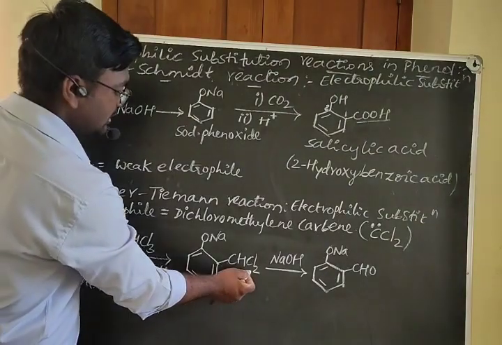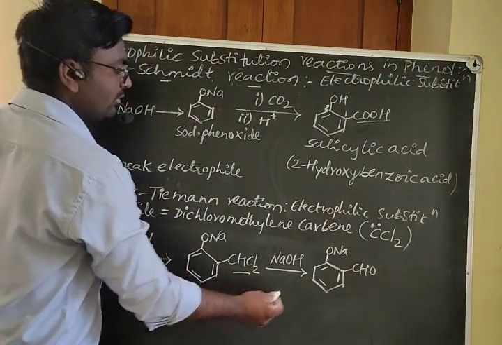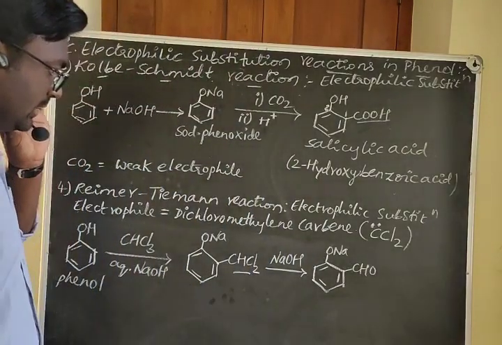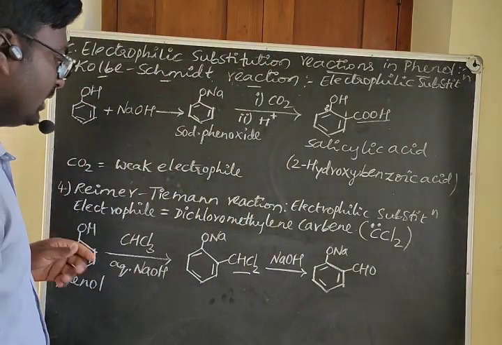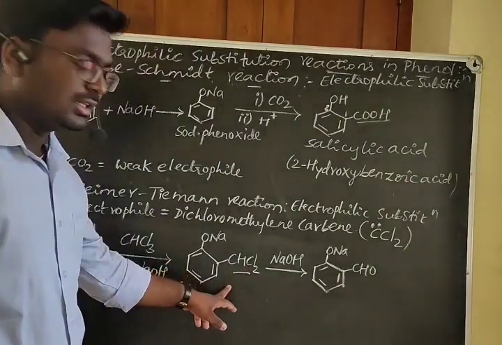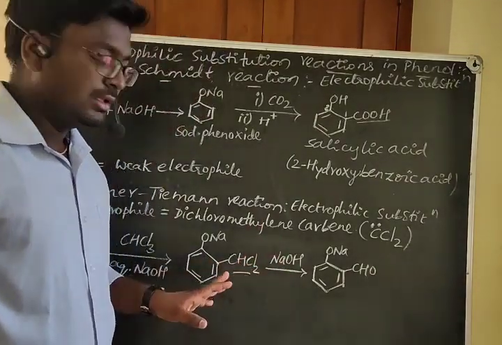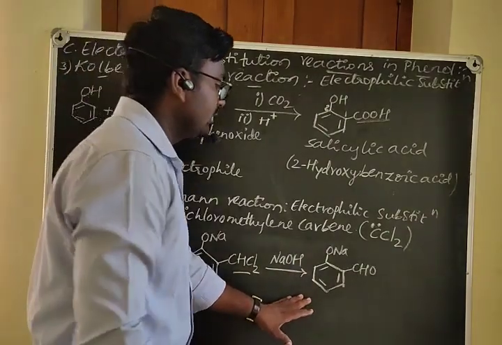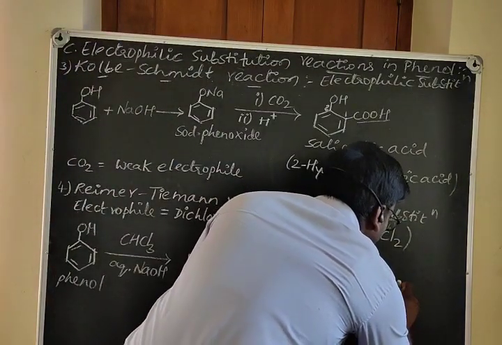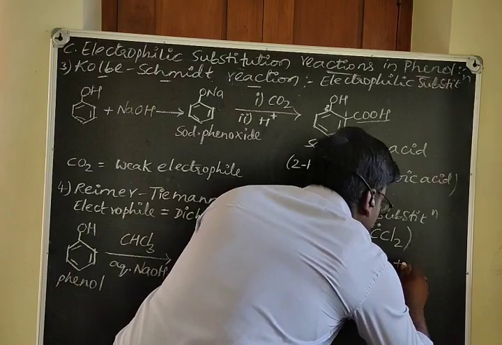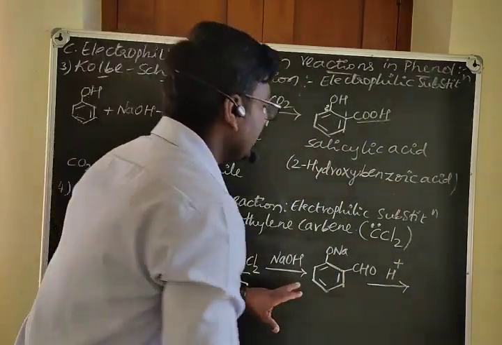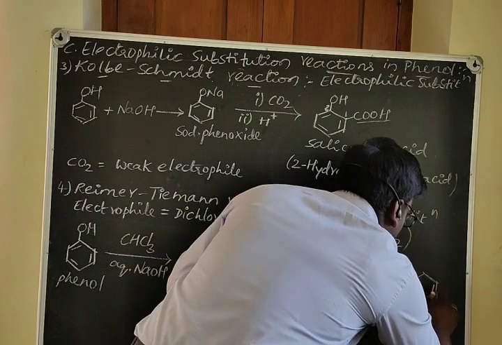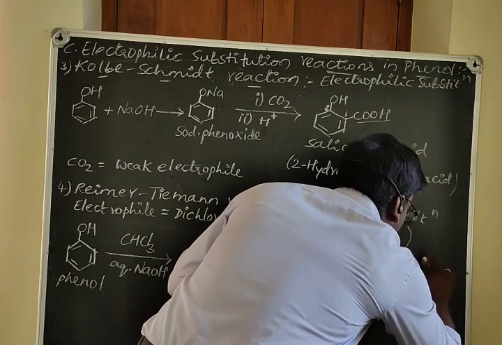Now this CHCl2 has come from this CCl2, that is dichlorocarbene. Now where the chlorines are replaced with oxygen, you will get a CHO, and when this is acidified, you will get salicylaldehyde like this.